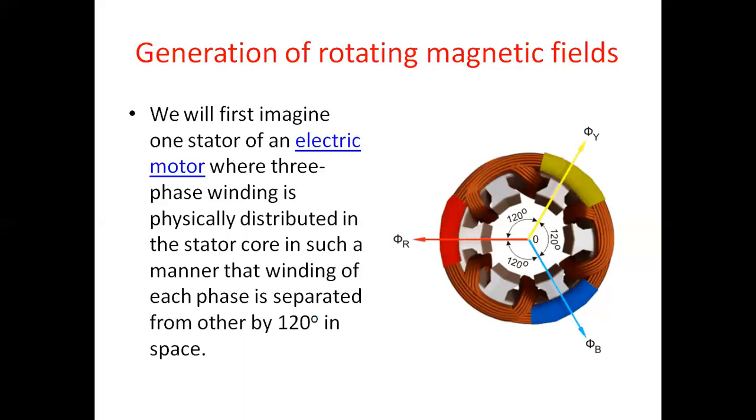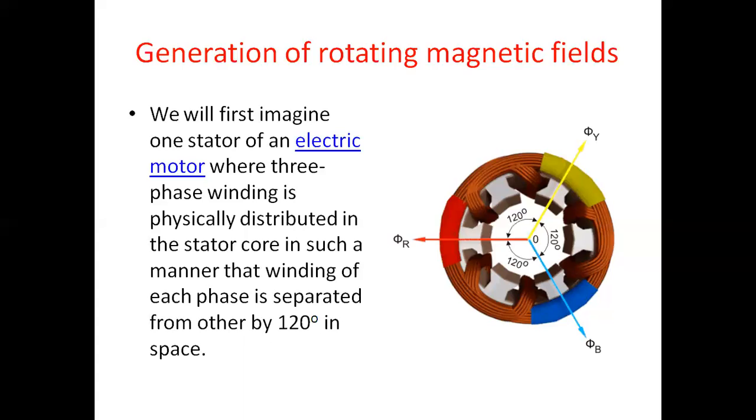For now, we only concentrate on the fact that an electrical motor will have two parts: one is the stationary part, that is the stator, and one is the rotating part, that is the rotor.